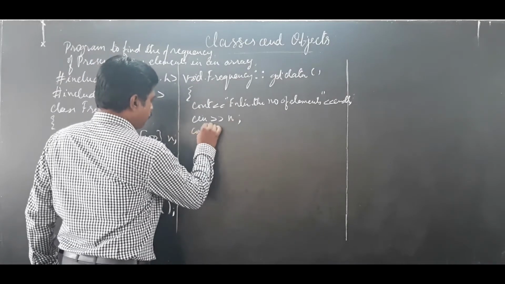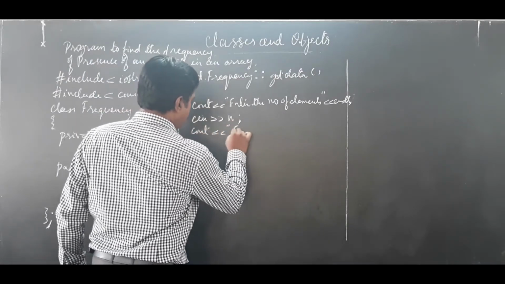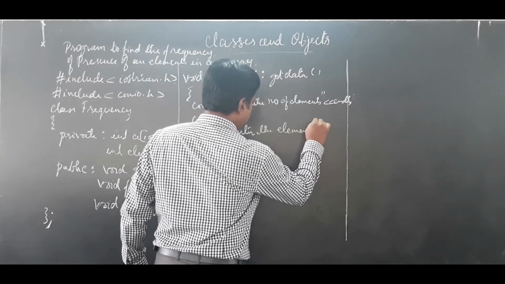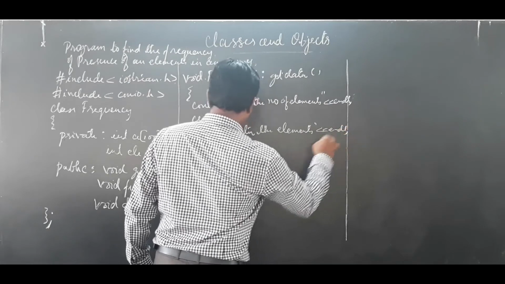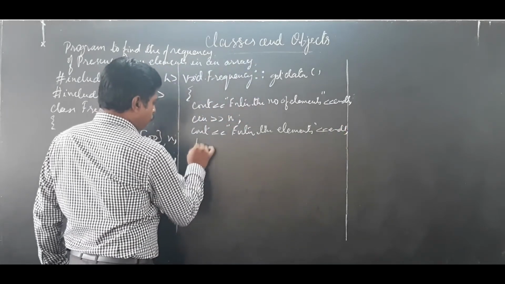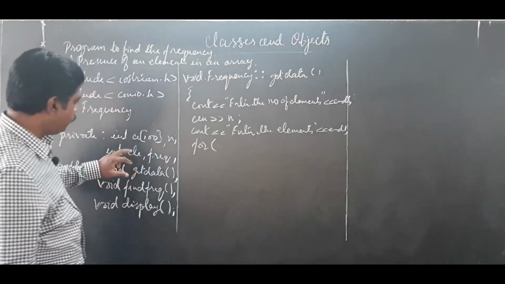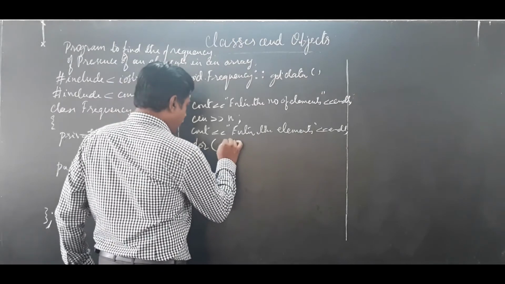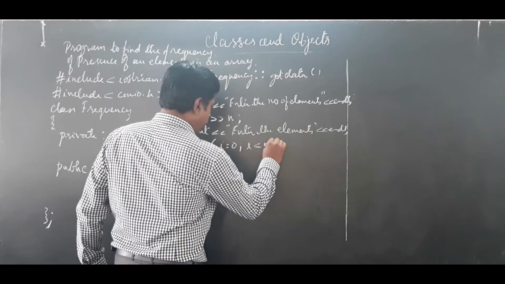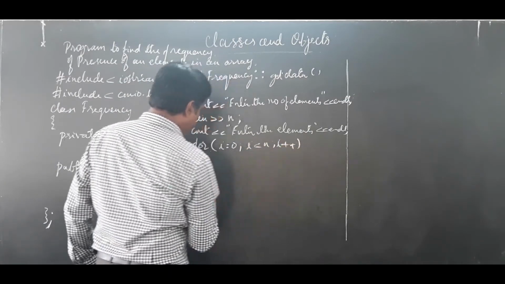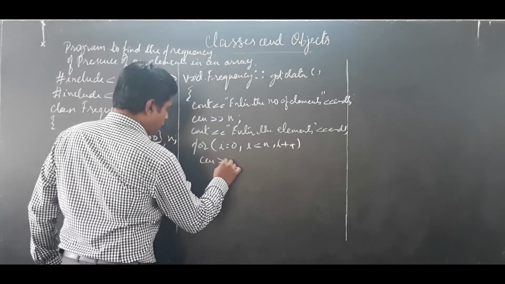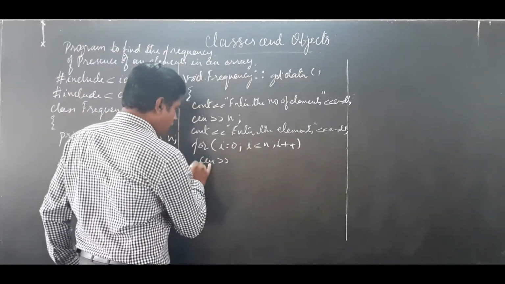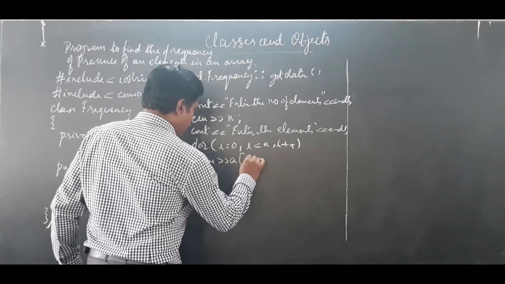Then I take cout, enter the n elements. Then I take for loop. Because we are dealing with an array, we need a for loop. It's a one-dimensional array, so one for loop: for i equals 0, i less than n, i plus plus. Likewise, we need to accept those n elements. So cin will be repeated n number of times, cin a of i.